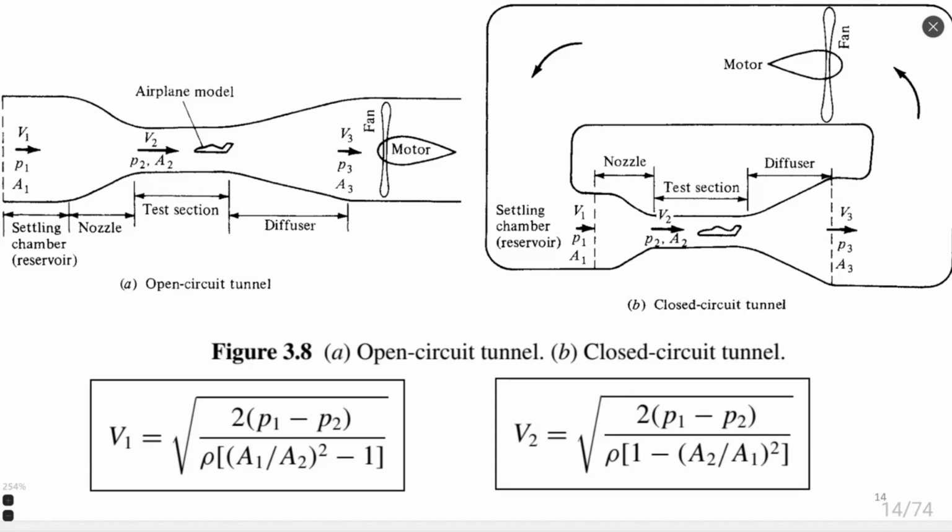So such a tunnel will be more efficient than an open circuit wind tunnel, where all the flow energy is wasted to the atmosphere. In the case of a closed circuit wind tunnel, we do not need so much energy provided to the motor, so such a tunnel can be of a much bigger size than an open circuit tunnel.